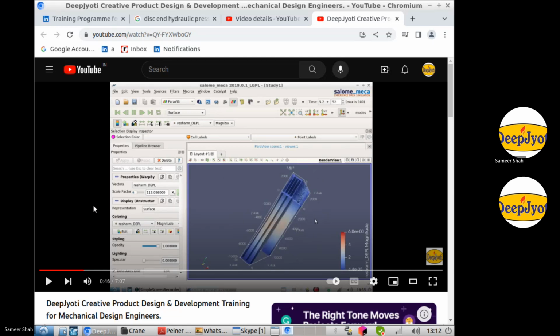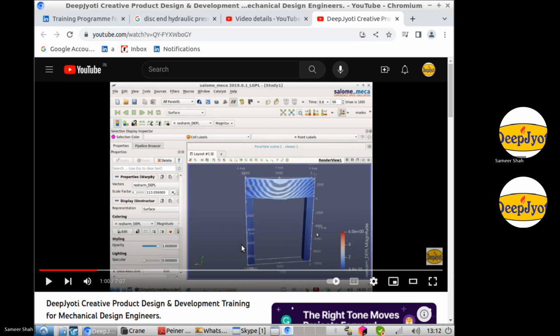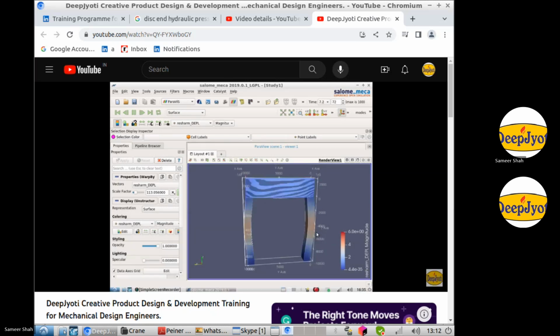Then how will formulas do it? There are predefined formulas to take care of all these problems. Because see, FEA shows the result. It shows there is excessive deflection and this kind of situation will happen. But how to solve it?